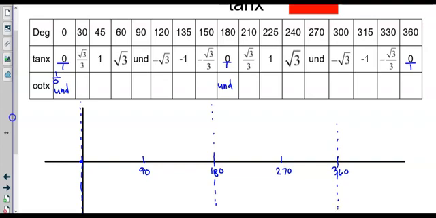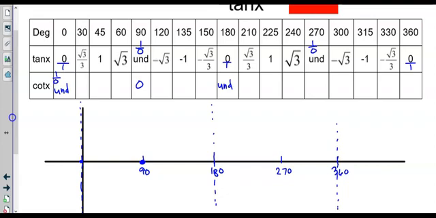Now, what's happening at 90 degrees? So at 90 degrees, we were undefined. So in the tangent function, we were actually at 1 over 0 there. If we flip-flop that for cotangent, we're at 0 over 1, which is 0. So 90, 0 is a point. Same at 270. 270 was 1 over 0 for tangent.